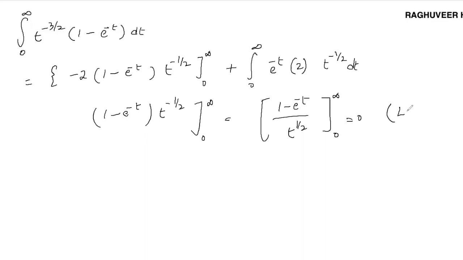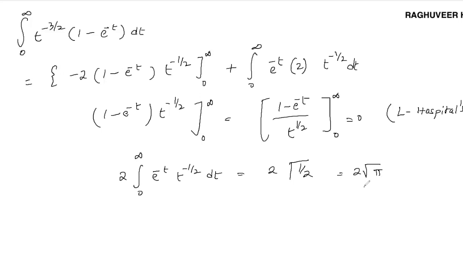This is by applying L'Hopital's rule. Now further, integral 0 to infinity e to the power of minus t times t to the power of minus half dt is equal to 2 gamma 1/2, which is equal to 2 root pi. Okay, so this is the solution.